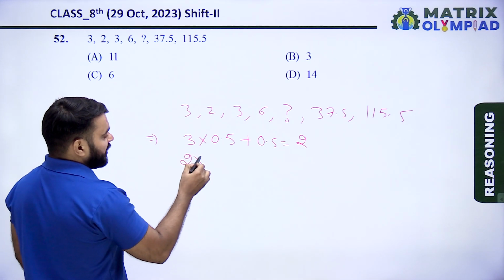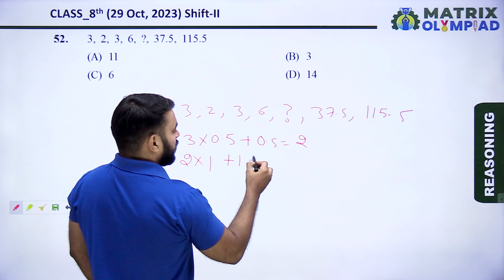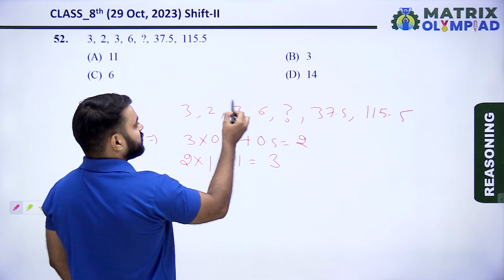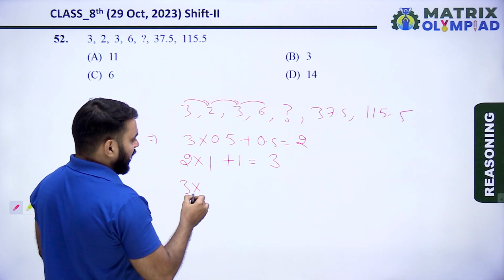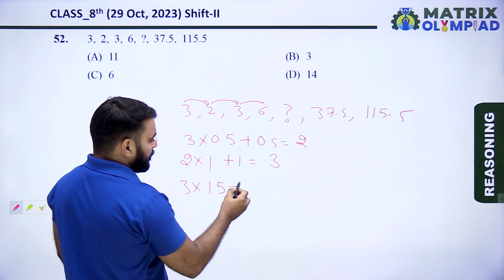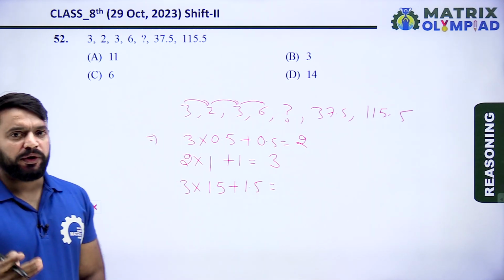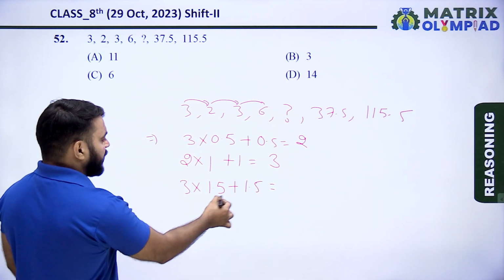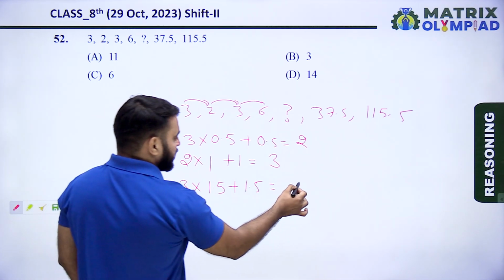Now 2 multiplied by 1 plus 1 means 3. Now 3 multiplied by 1.5 plus 1.5: 3 multiplied by 1.5 means 4.5, and 4.5 plus 1.5 means 6.